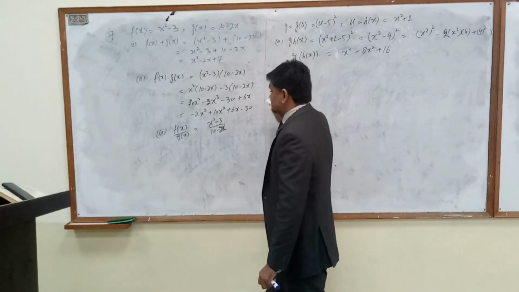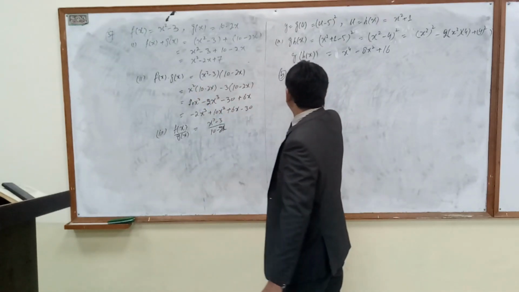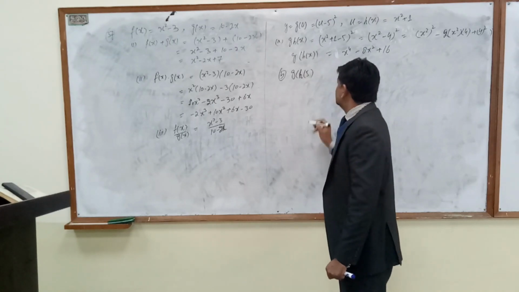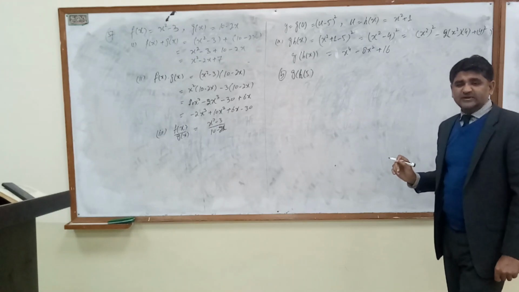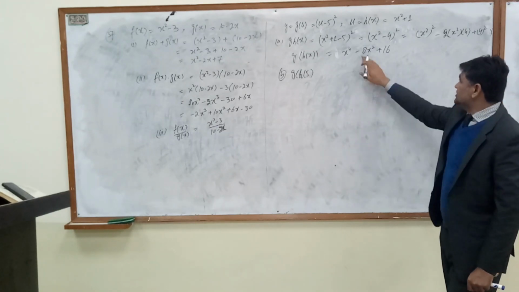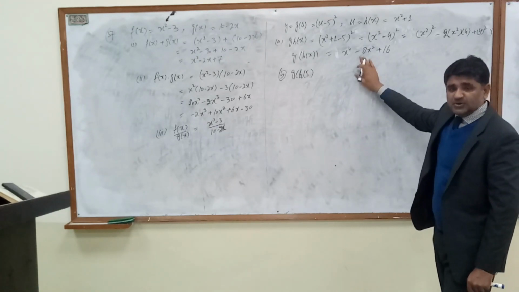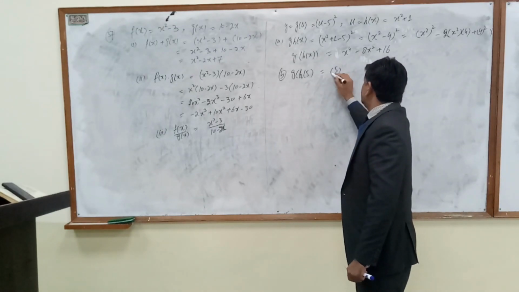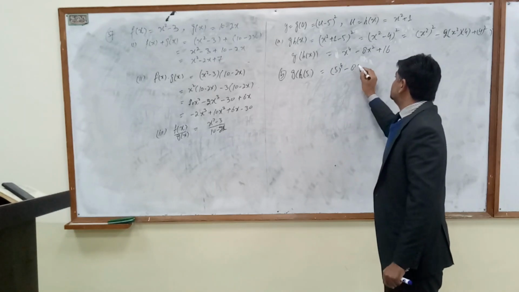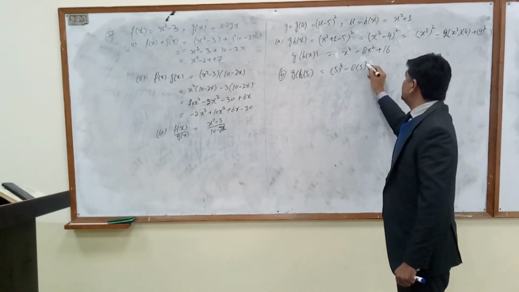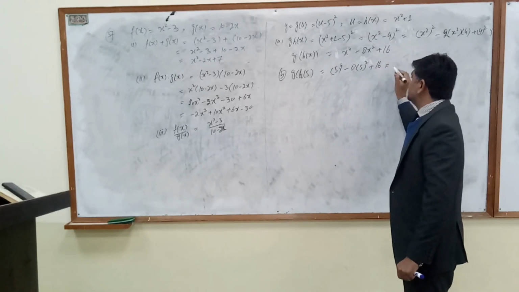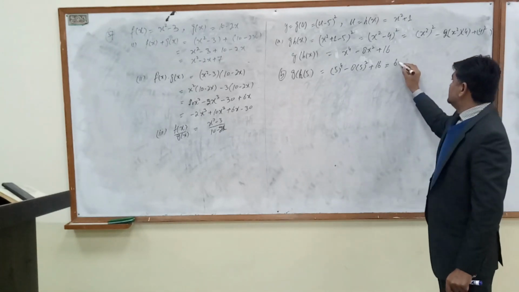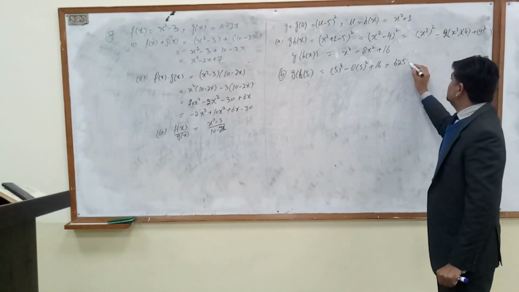What is part B? g into h of 5. Here we have the value of x equal to 5. You can put it in this equation. So 5 raised to power 4 minus 8 into 5 raised to power 2 plus 16. 5 raised to power 4 is 625.